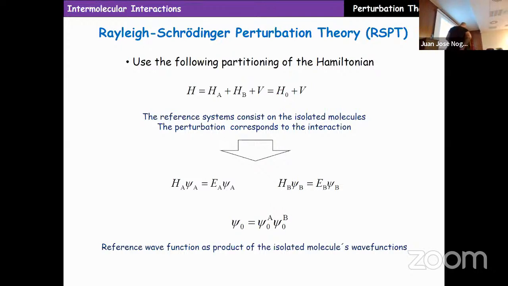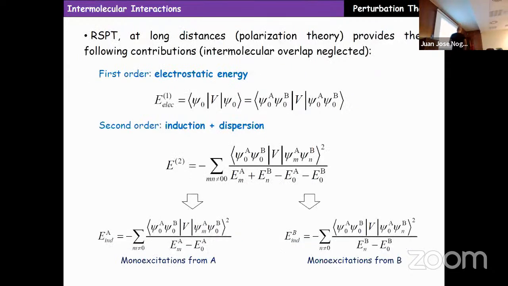So there are many common things between the two methods, the two schemes. If I apply perturbation theory up to second order, I think you really know perturbation theory, at least the students that come from the Master of Theoretical Chemistry, for sure.